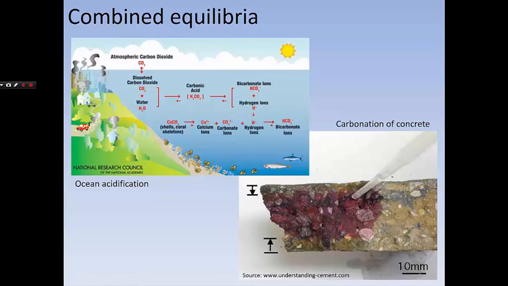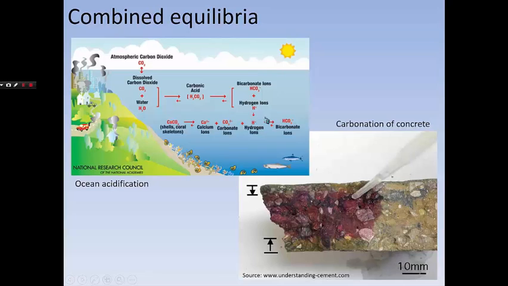It is caused by the uptake of carbon dioxide from the atmosphere. To achieve chemical equilibrium, the higher the carbon dioxide partial pressure in the atmosphere, the higher the concentration of carbonic acid in water, and the higher the concentration of hydrogen ion in water.